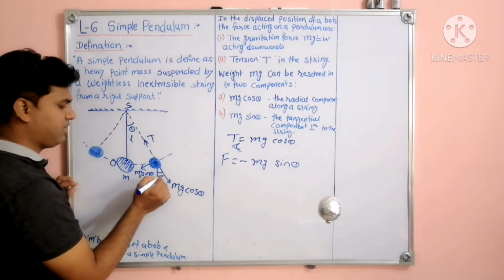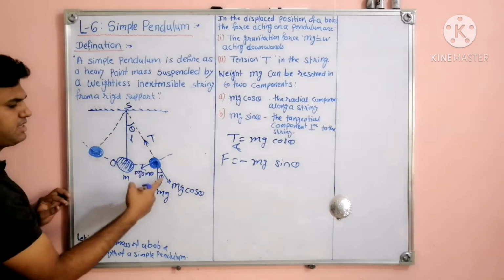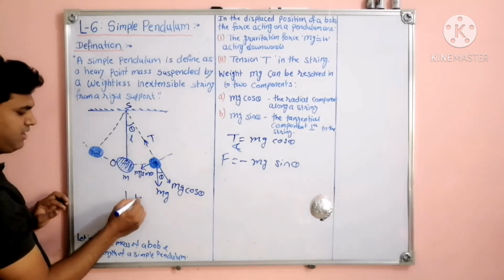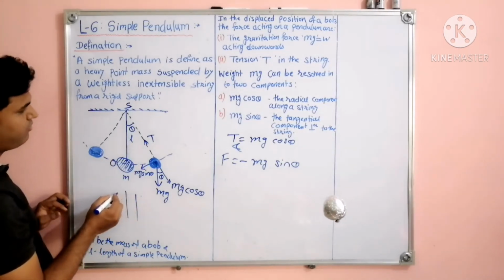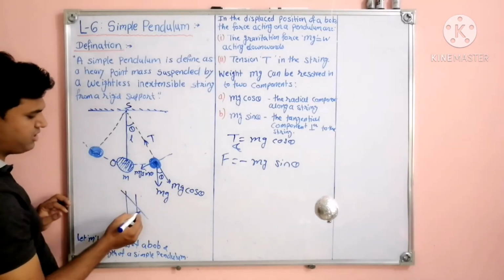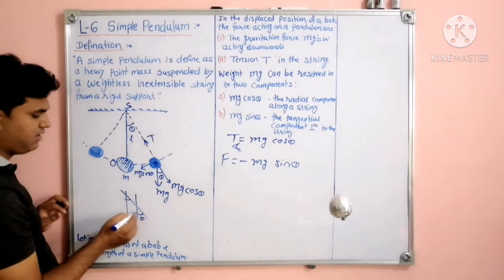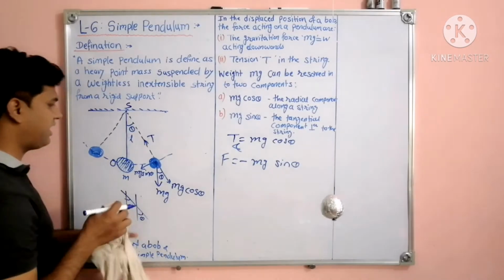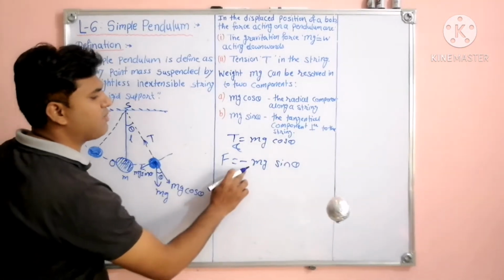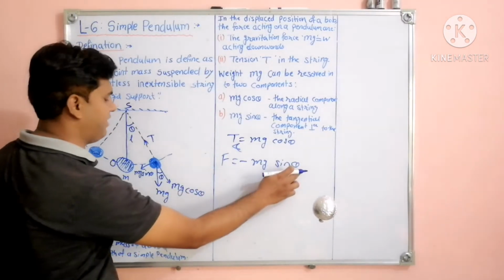Why do we write theta here? Because this angle and this angle are the same, since these two are parallel lines, and with the diagonal as a transversal, these are alternate angles, so they are the same. So F equals minus mg sin theta, where the negative sign indicates that the restoring force F and the angular displacement are in opposite direction.